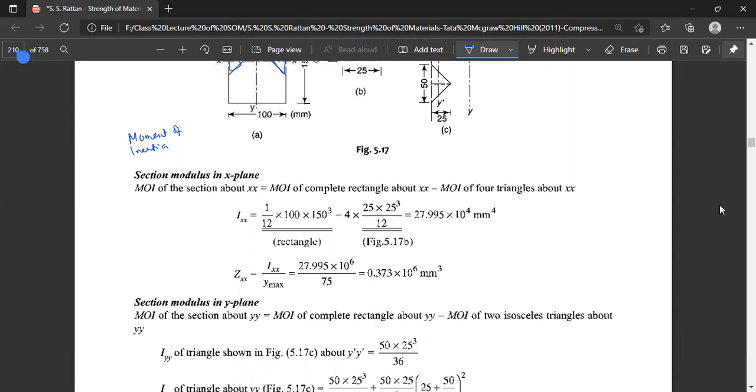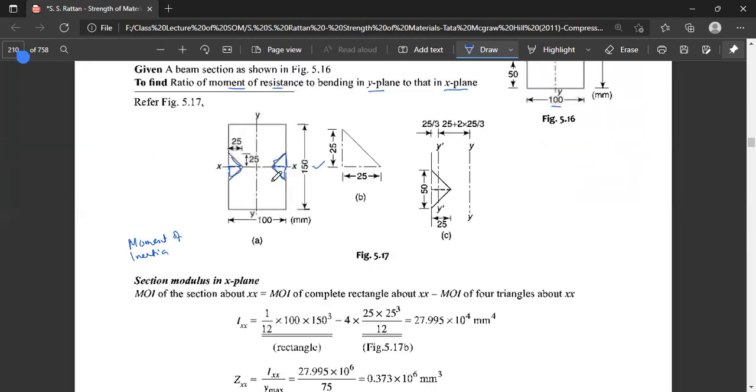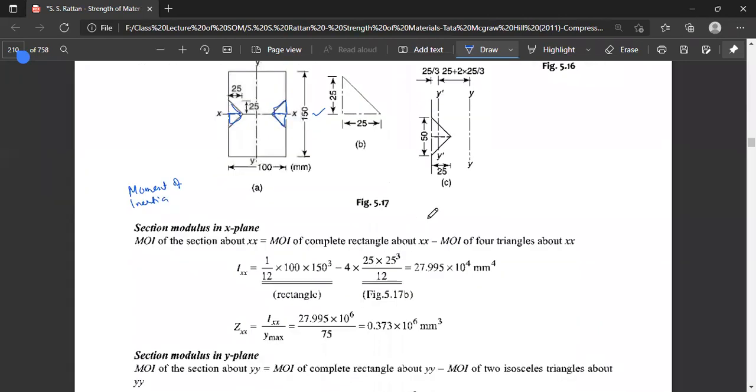It is the bending moment of inertia of the rectangle when we are considering the section about its central axis. So this is the moment of inertia about the centroidal axis of the rectangle.